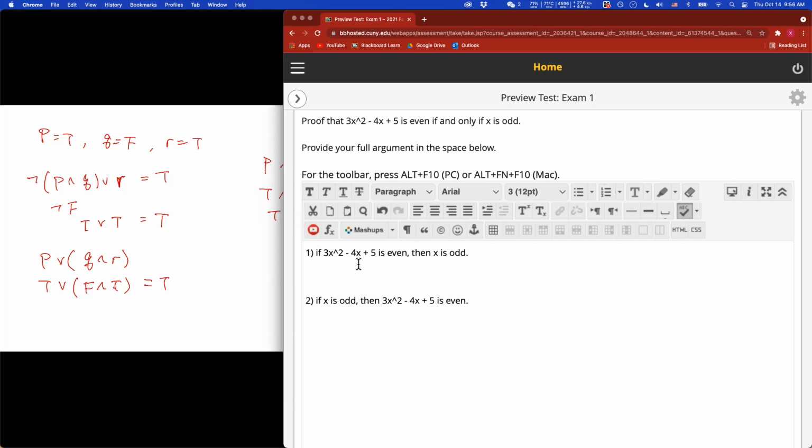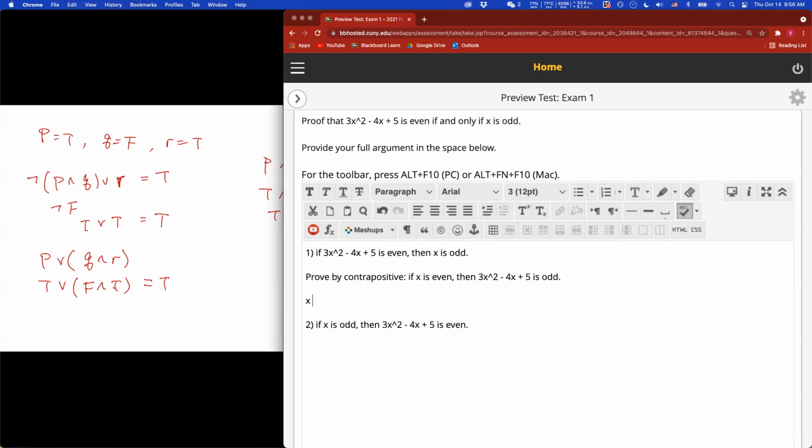Now for the first part, you can do a proof by contrapositive. Then you can rewrite it as: if x is even, then 3x squared minus 4x plus 5 is not even, so odd.